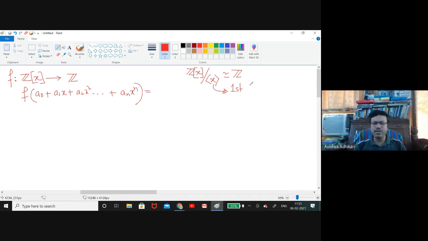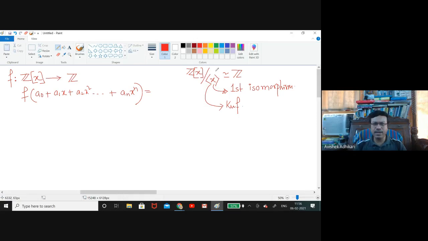So maybe the first isomorphism theorem may be helpful, and we will show that it is very much helpful in proving this result. So the question is then, this angle bracket, or this curl, or this tilde x, or this bracket x, that should be equal to the kernel of f, right? So how will we define this so that it becomes the kernel of f?